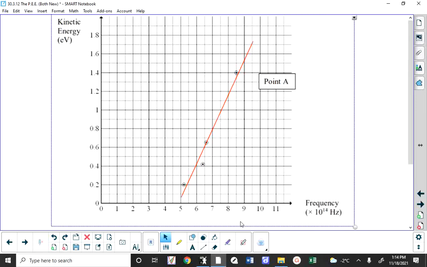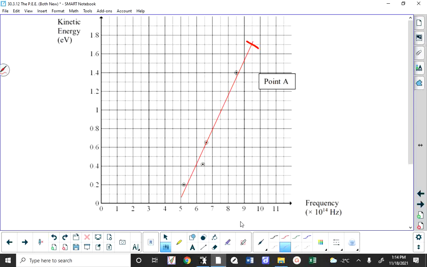You would need to take 2 points on this line, and I'm going to go with this one here, and I'll go with that one. Neither of those points is precisely on the crosshairs of the grid, but it's close enough for what I'm interested in. If I wanted the slope, I would take the rise, which is from 0.6 to 1.7.